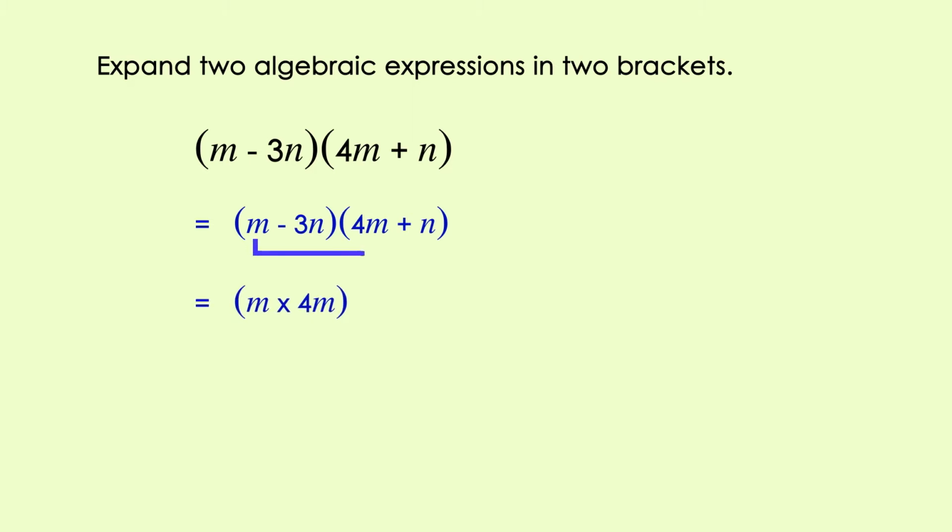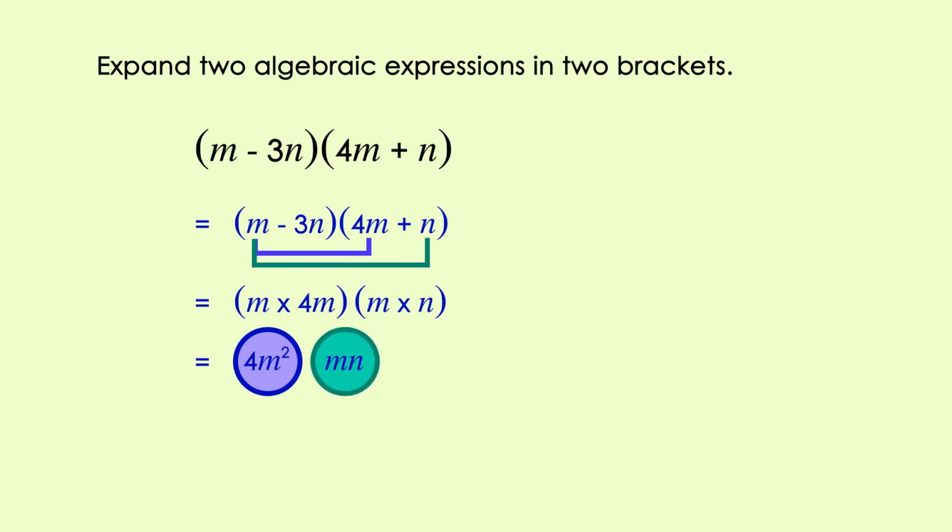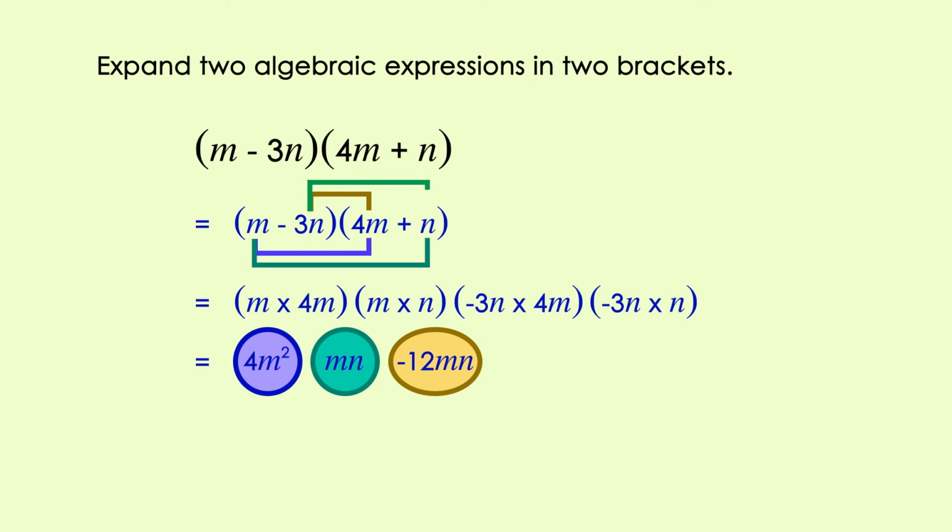M times 4m is equal to 4m squared. M times n is equal to mn. Now we go to the second term in the first bracket. Negative 3n times 4m is equal to negative 12mn. And finally, negative 3n times n is equal to negative 3n squared.